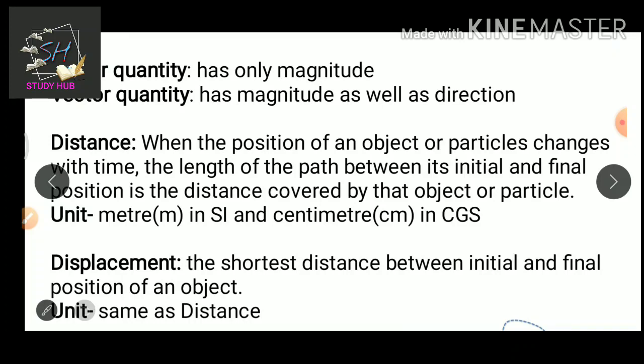That means displacement is also a type of distance. But the main difference is displacement is the shortest distance between initial and final position of an object. Now as it is a distance, that means it is a length. So unit of distance is meter in SI unit and centimeter in CGS unit. Now displacement is also the length which is shortest length. So its unit is also same as that of distance.